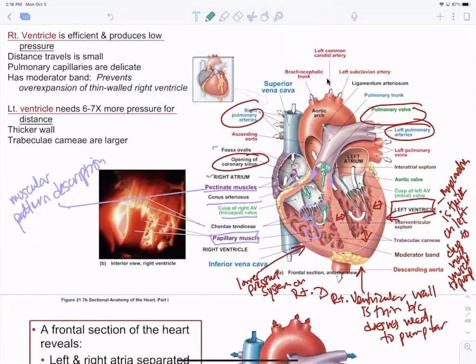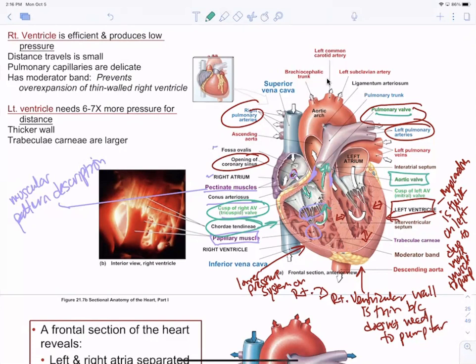And so these valves have to stay shut. These AV valves need to stay shut during the myocardial contraction or the ventricles contracting. And so the papillary muscles also contract, pull on the chordae tendineae, and hold the AV valves shut. So blood cannot go back into the atrium, but in fact has to go out of the ventricles via the pulmonary semilunar valve or the aortic semilunar valve from the left.